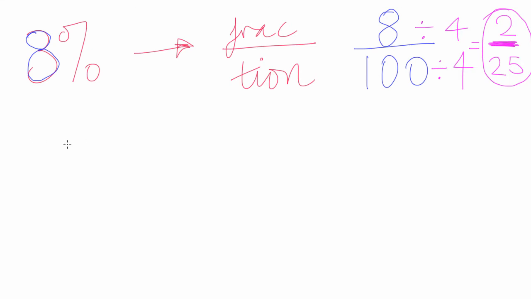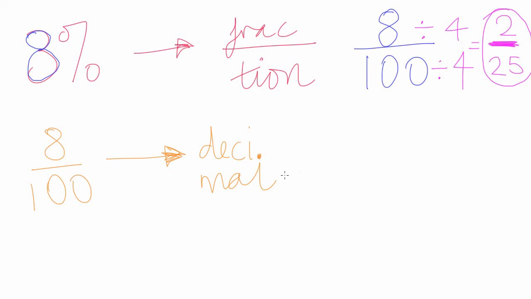That's good. Now that we've got our... Let me change colors to a nice orange. Now that we've got it as a fraction, I would like you to change that to a decimal. Have a look at your cheat sheet and see how you change a fraction to a decimal.